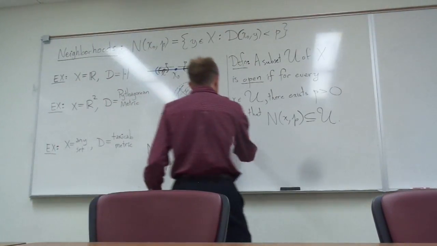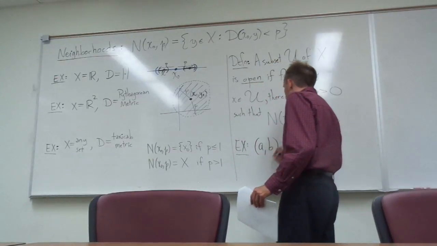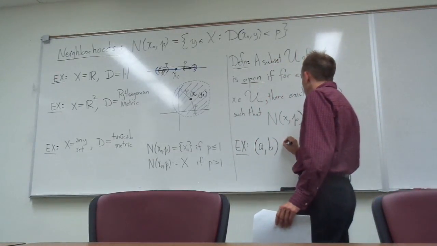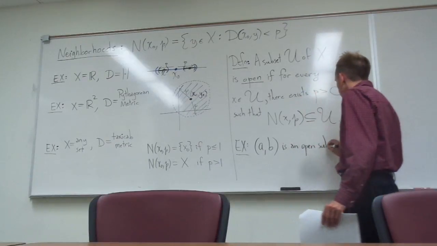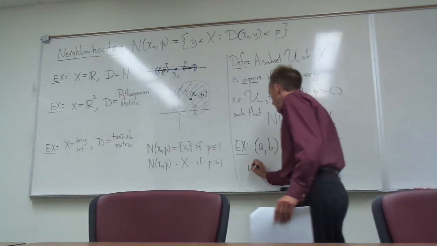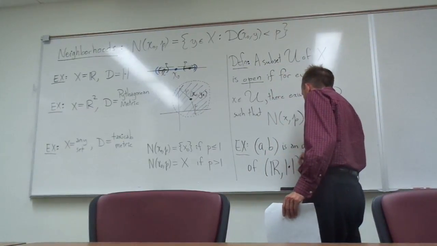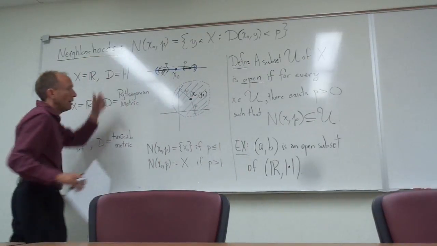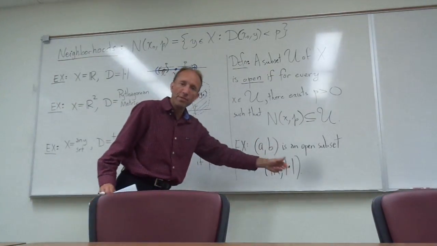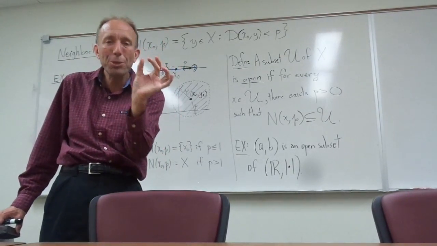Okay, so just as an example here, any time you take an interval (a, b), it is an open subset of the real numbers with the absolute value metric. So if we use the standard example here, then anytime you take an open interval and you pick a point within that open interval, you'll be able to build a neighborhood.